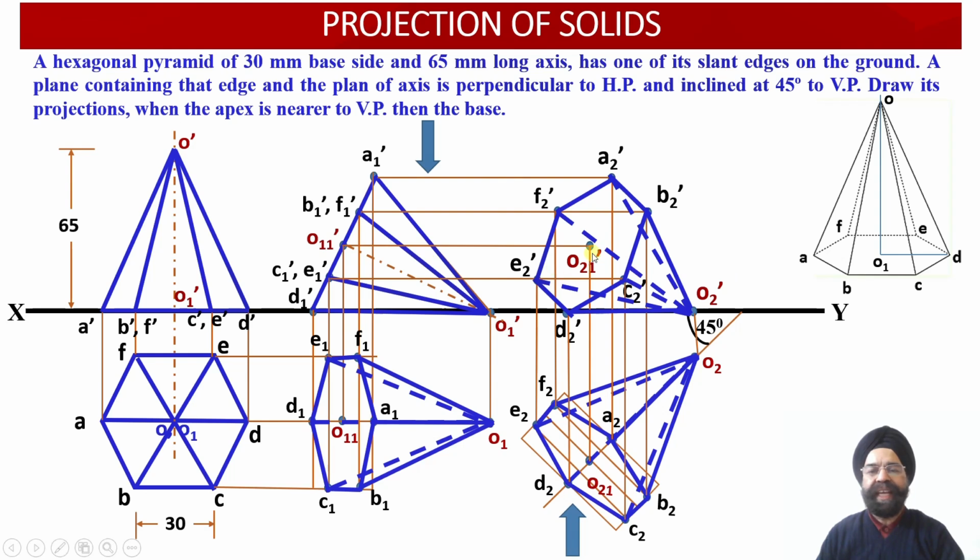Now we can join the axis also. This is the axis point or the apex point O2 dash. This is the base axis point O21 dash. So now we have marked the axis over here.